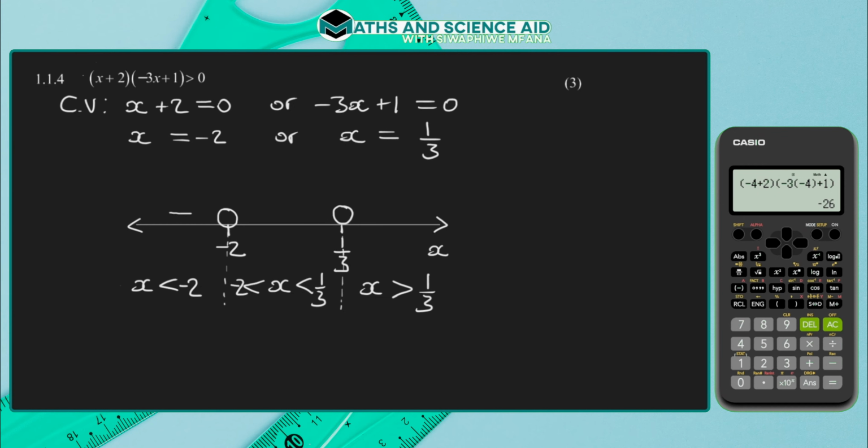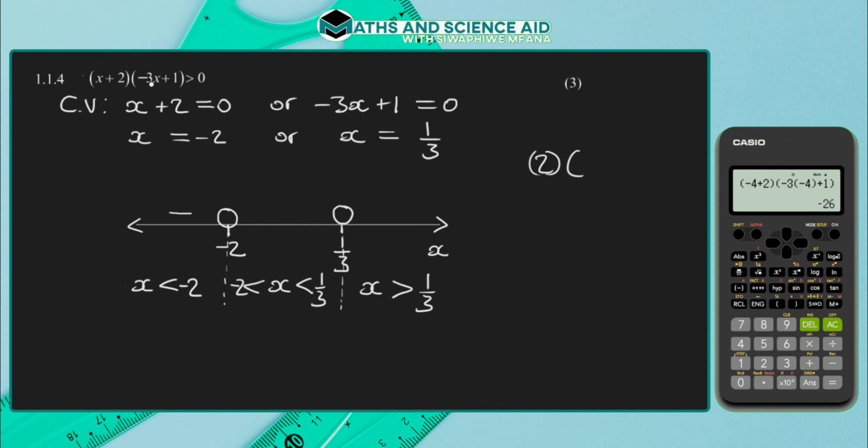Now we need to do the same thing for the values of x that are between -2 and 1/3. For this one, you can just use 0, because 0 is in between -2 and 1/3, and it is quite simpler. We do not even need a calculator, because in the first bracket we are going to have 0 plus 2, which is 2.